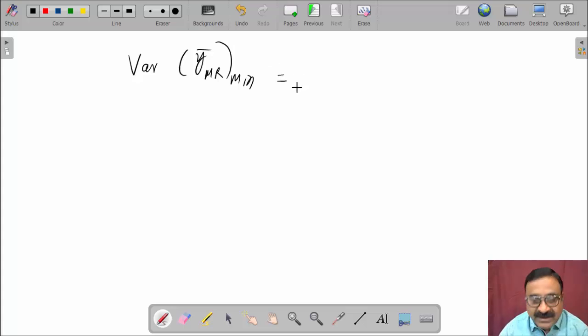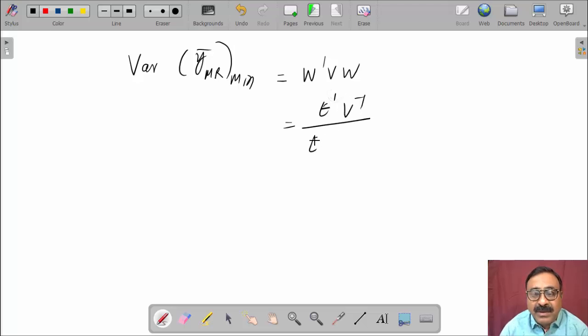Now we can use this W cap. This is equal to W dash BW, that is equal to E dash V inverse by E dash V inverse E into V. This will be V inverse E by E dash V inverse E.